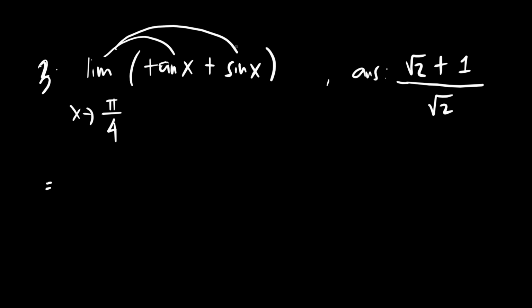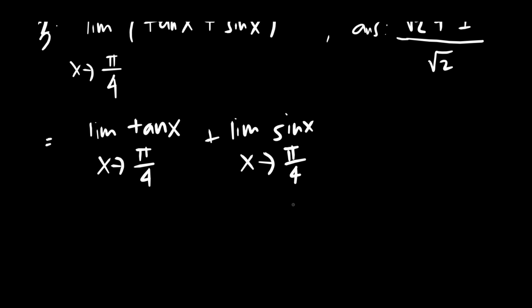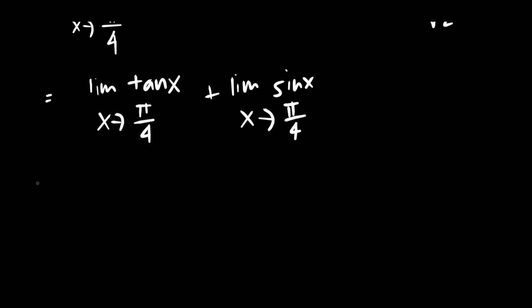So limit of tan x as x approaches pi over 4 plus limit of sin x as x approaches pi over 4. So after this one, we will directly substitute x in tan x and sin x.